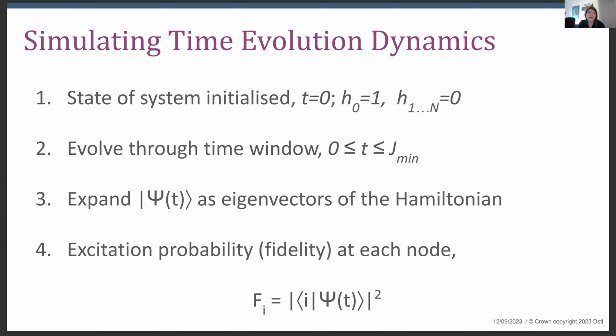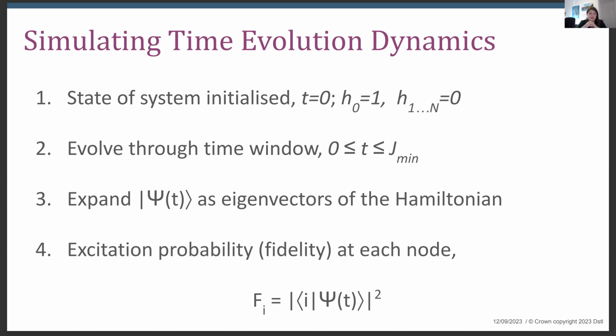We refer to this as an excitation on this node. The system is then evolved through a time window by solving Schrodinger's equation at each time step. This is done here by expanding the state and the eigenvalues of the Hamiltonian. The full methodology can be read in the paper if people are interested.